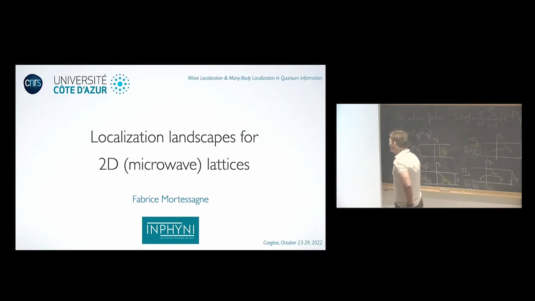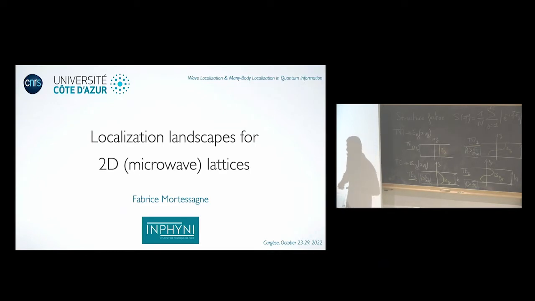So today I have the ambition to bring a very modest contribution to the glory of localization landscape theory. Namely, I want to show you how to extend this theory to tight binding systems.